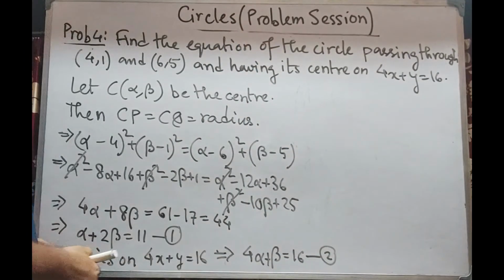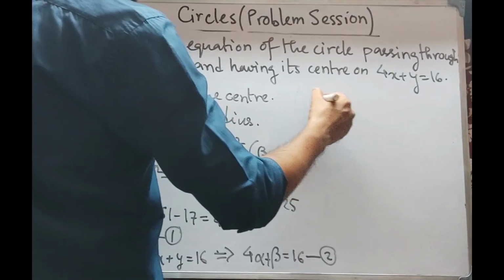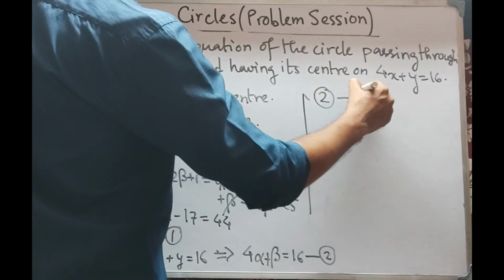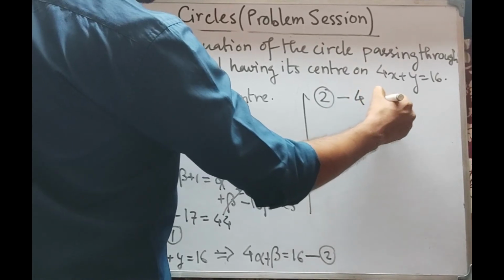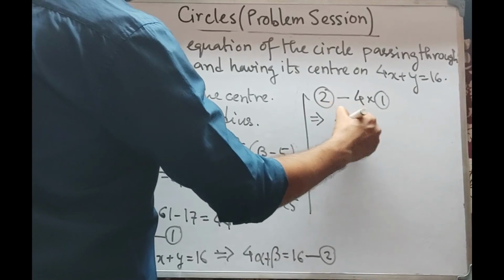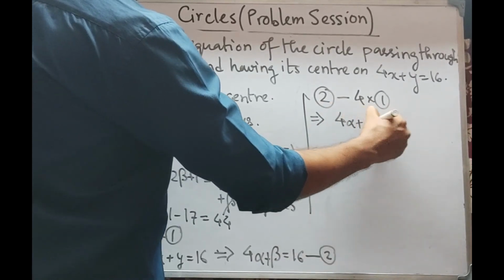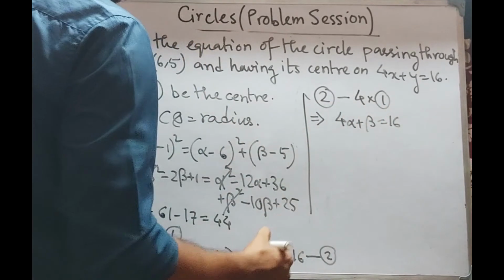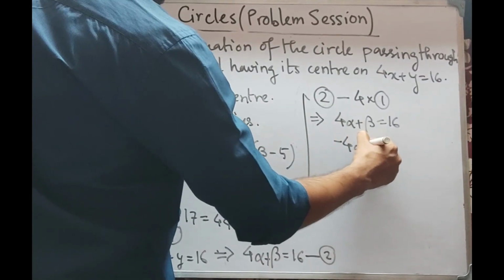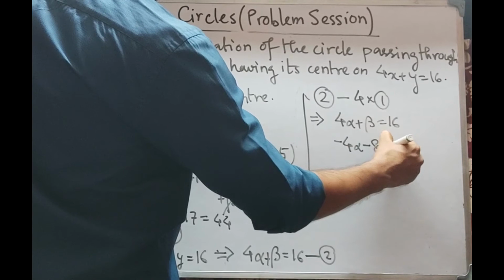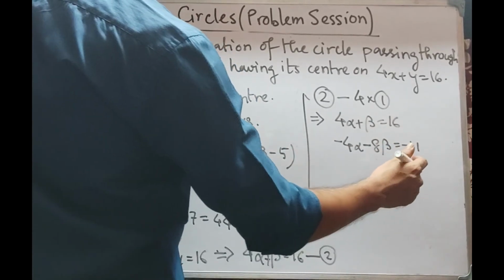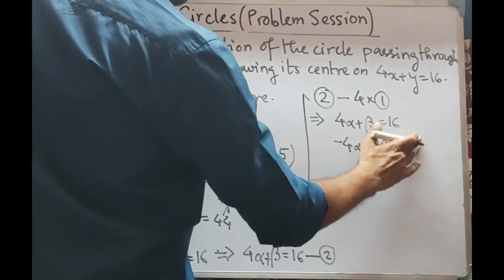So solving 1 and 2, we can do it like this: 2 minus 4 into 1. This will imply 4 alpha plus beta minus 4 alpha minus 8 beta is equal to 16 minus 44.